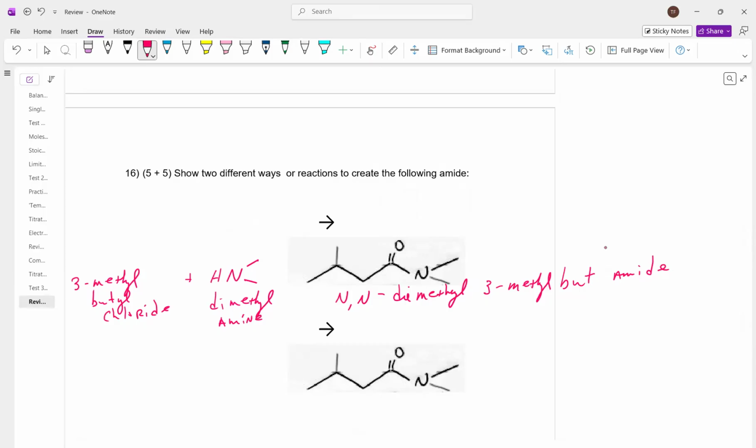Whenever you have two vowels together, you drop one of them. Okay, that's using the acid chloride.